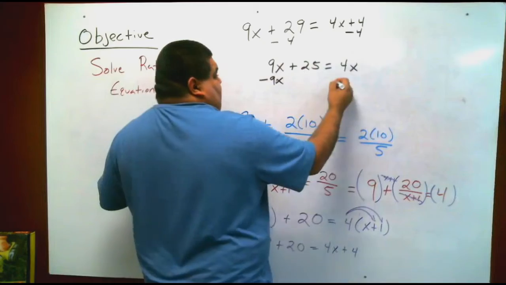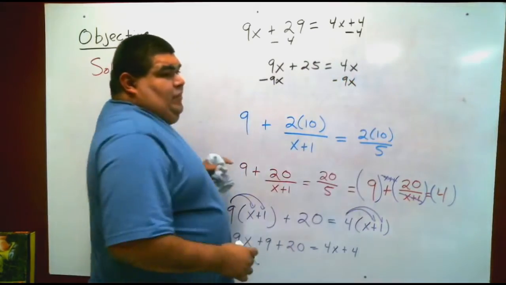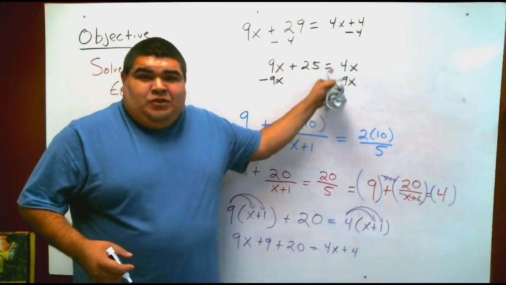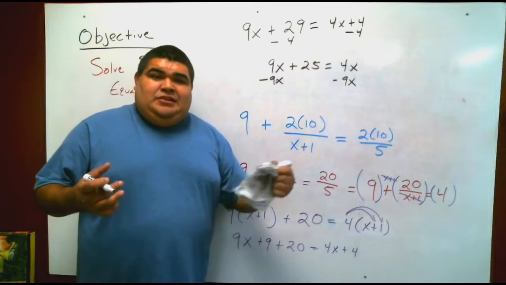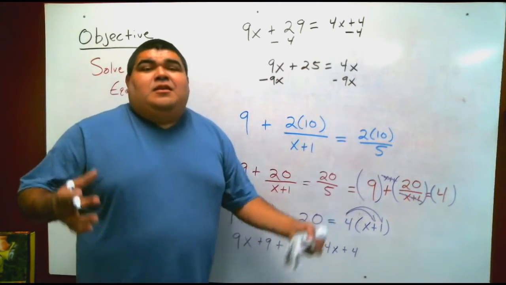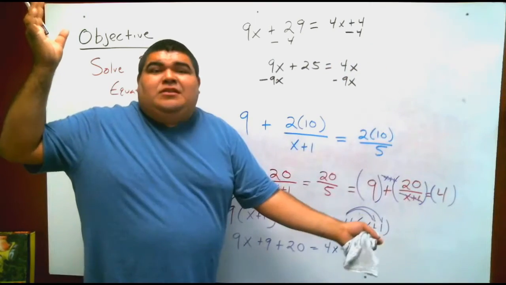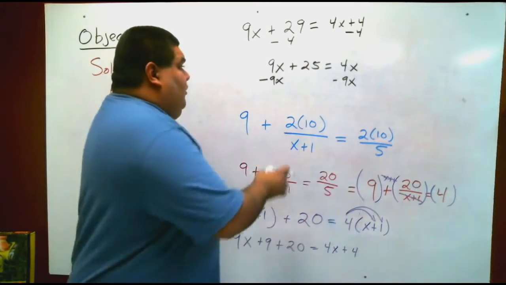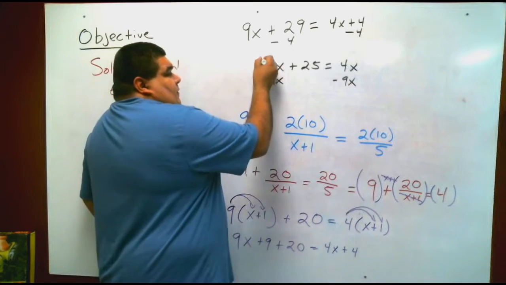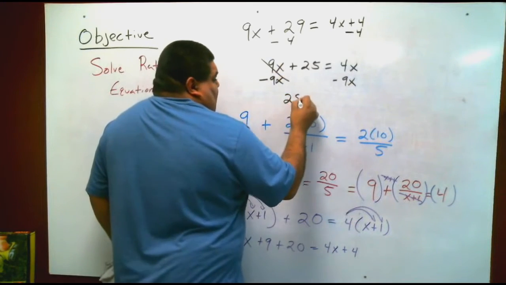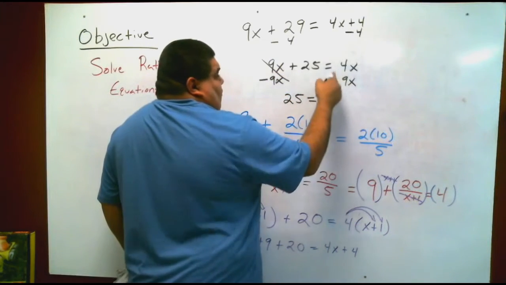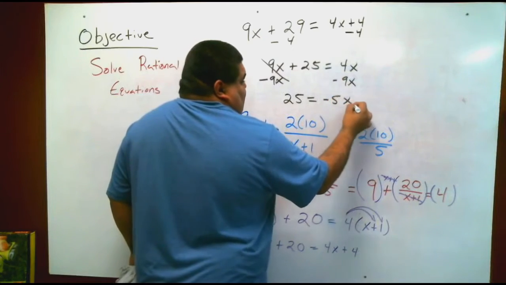We do the opposite. The reason why I didn't move the 4x was because you have to have something on each side of the equal sign. If you move the 4x, there's nothing there on one side, so the equation unbalanced itself. So what we did is we moved the 9x instead. Cancels out, we're left with 25 equals 4 minus 9, which is negative 5x.